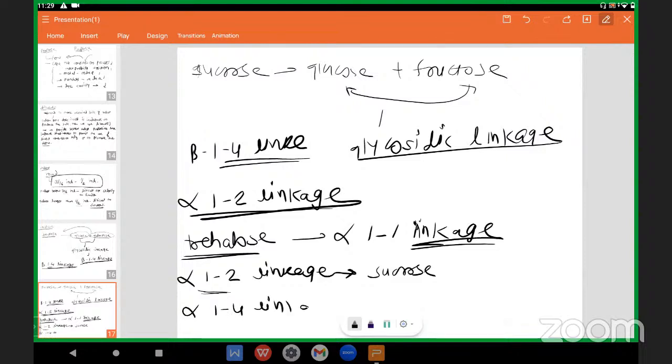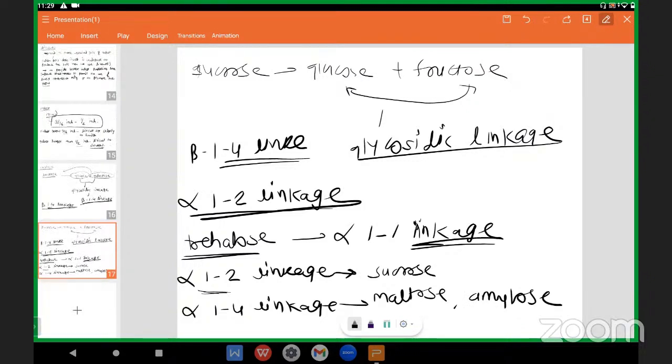Alpha 1,4 linkage is shown by maltose and amylose. Then take the example of compounds having alpha 1,6 linkage: amylopectin and isomaltose. Amylopectin showing the same.